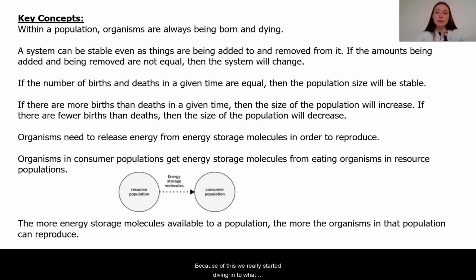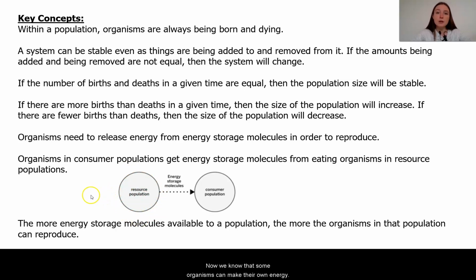Because of this, we really started diving in to what might be affecting either side of the ratio. And we figured out that organisms in a population need to release energy from energy storage molecules in order to reproduce, or in other words, give birth. Organisms in these consumer populations get their energy storage molecules from eating something called resource populations.